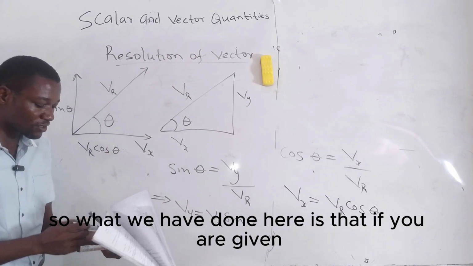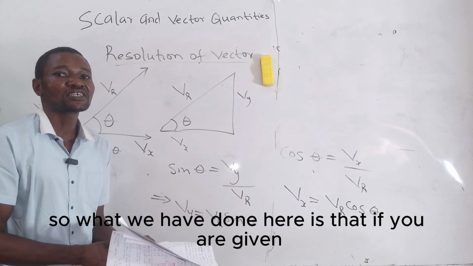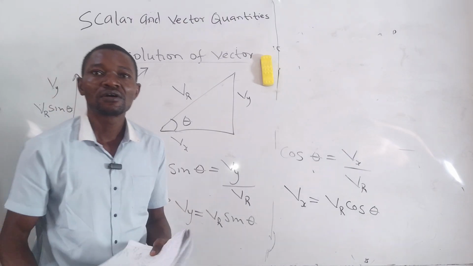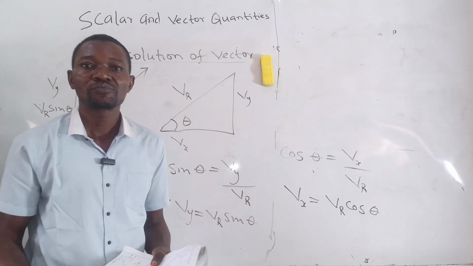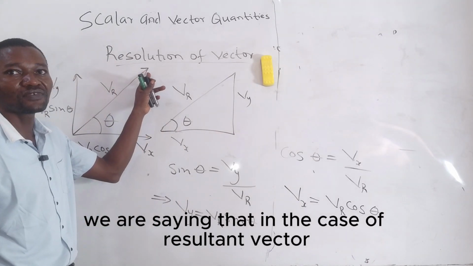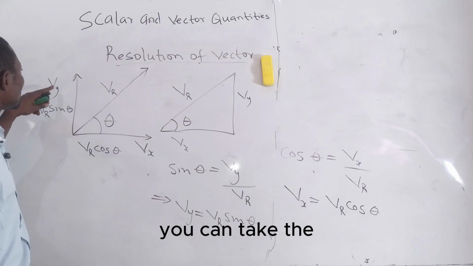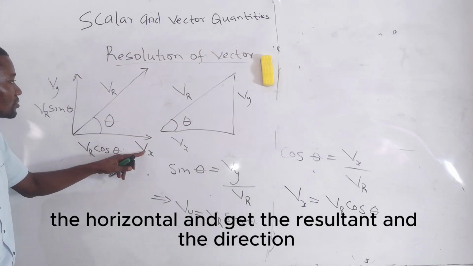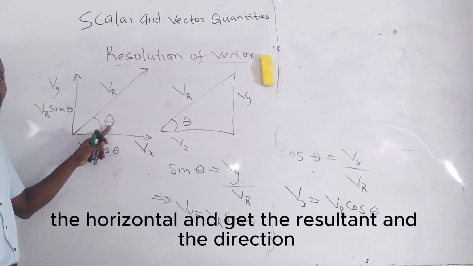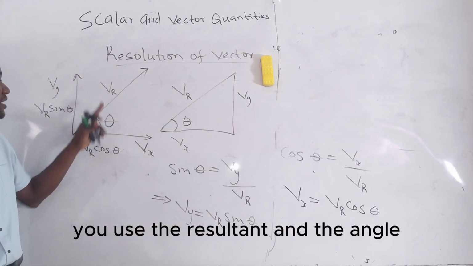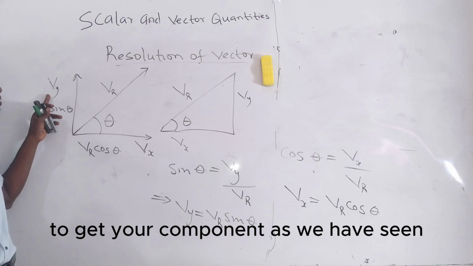So what we have done here is that in the case of resultant vector, you can take the vertical and horizontal components and get the resultant and the direction. In the case of resolution of vector, you use the resultant and the angle to get your components.